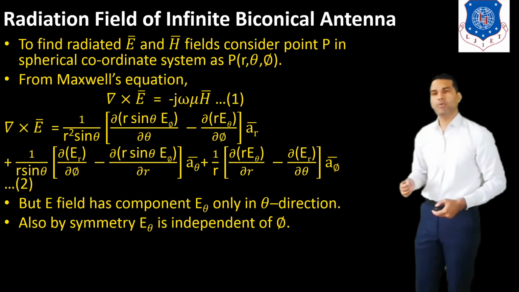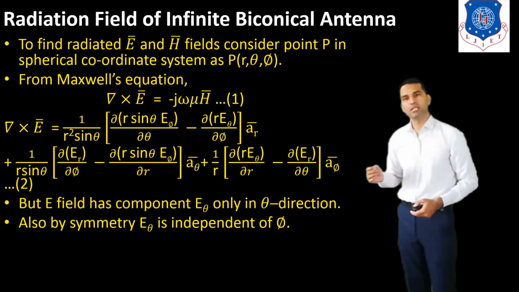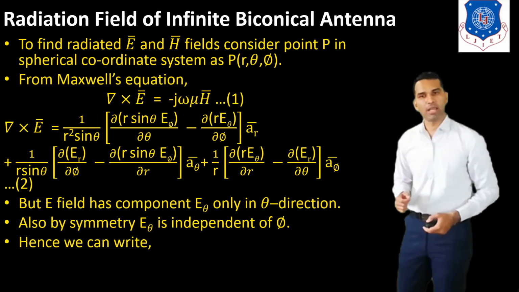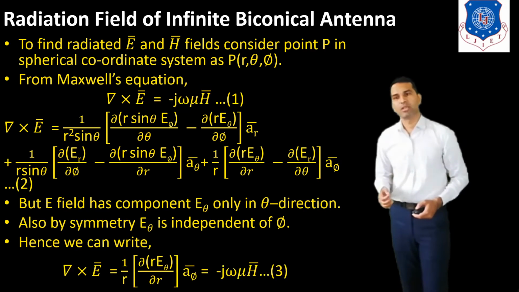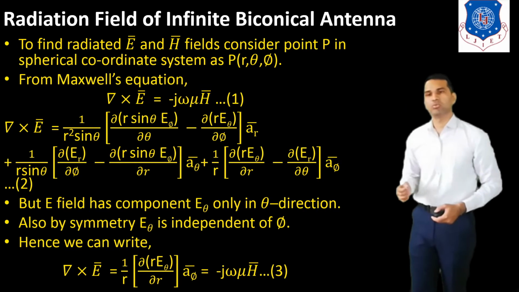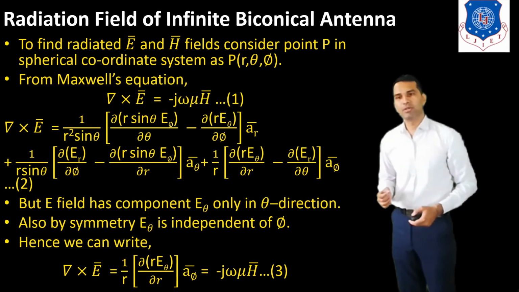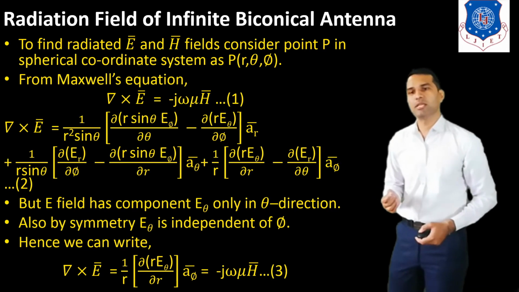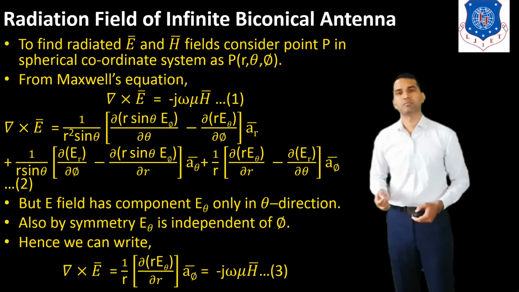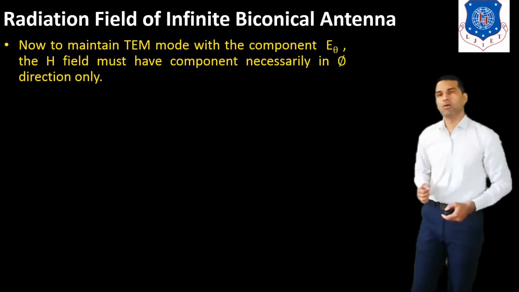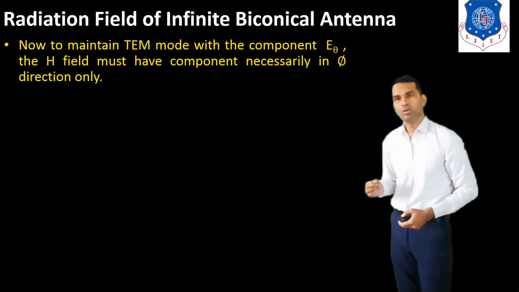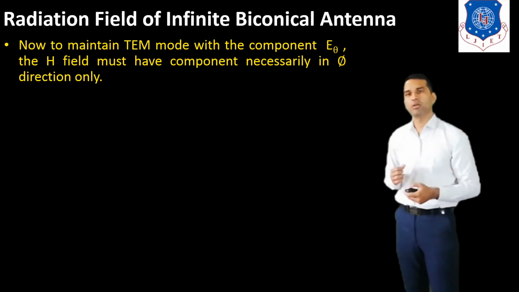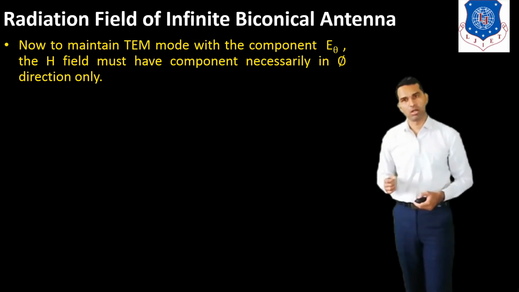But we know that the E field has a component E_theta only, in the a_theta direction. Also, by symmetry, E_theta is independent of phi. Hence, we can write del cross E is equal to 1 upon r del (r E_theta)/del r in the a_phi component, which is equal to minus j omega mu H. Now, to maintain the TEM mode with the component E_theta, the H field must have a component necessarily in the phi direction only.